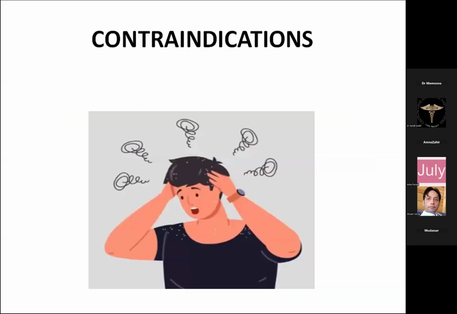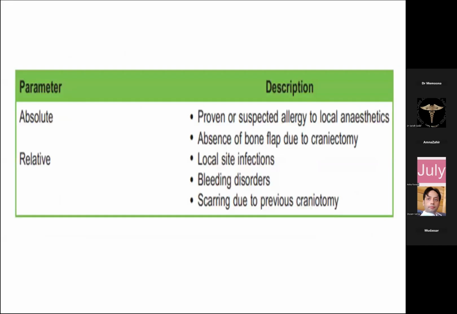There are certain situations where scalp block may not be indicated or is best avoided. The first one being the patient failing to give consent or not comfortable with the technique. And if there is a proven or suspected allergy to local anesthetics, if there is absence of bone flap due to craniectomy.